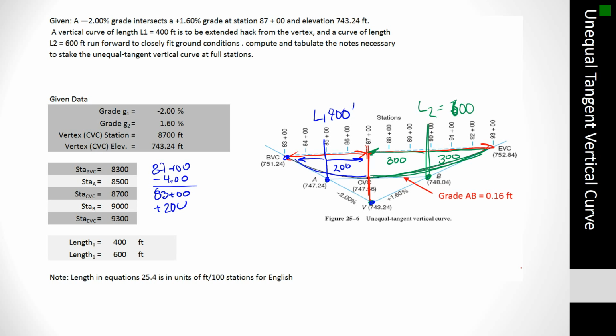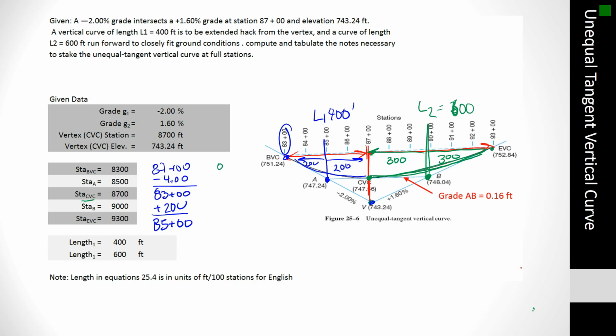So if this is 83 and it's 200 feet here and 200 feet here to make the total 400, then the vertex is going to be 85 plus 00. Whereas on the second curve, we know that the beginning is 87, which is the CVC, which stands for compound vertical curve. So we have to figure out what the station is at the vertex for B and the ending vertical curve station.